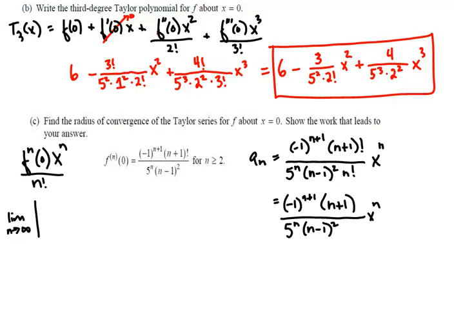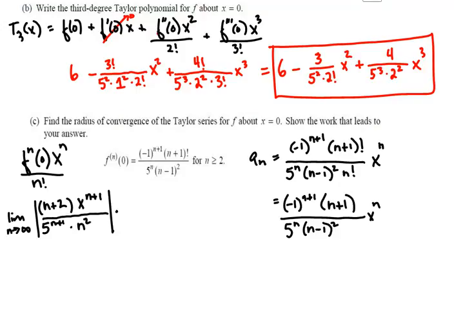And recall, because we're working with absolute values, we can neglect the negative 1 to the n plus 1. And again, we're working with our n plus first term, so in the numerator, sorry, we're not working with the factorial, it's just n plus 2 times x to the n plus 1 over 5 to the n plus 1 times n plus 1 minus 1, which is just going to give us n squared.